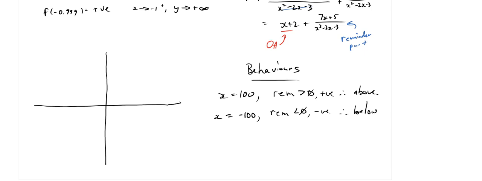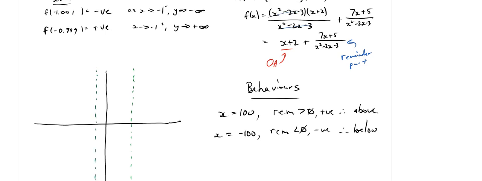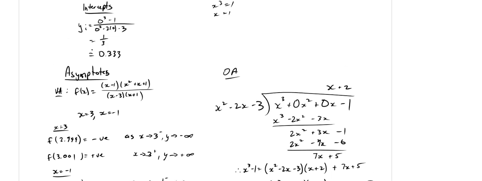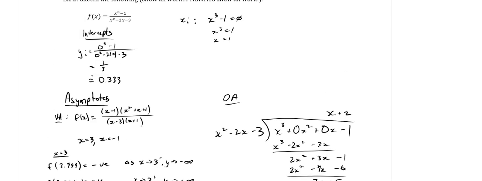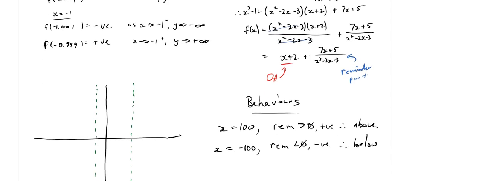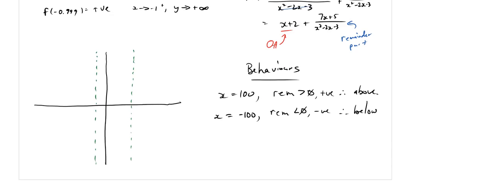My vertical asymptotes are 3 and negative 1. I have an x-intercept at positive 1 and a y-intercept at positive 0.3. Oh, the one thing that I forgot to do, sorry.